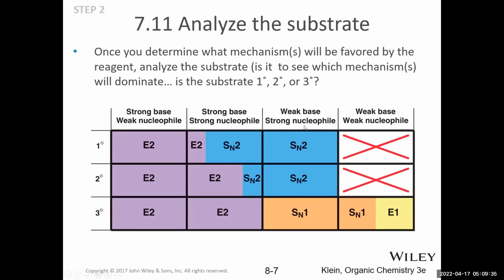What if the reagent functions as a nucleophile only? Then it's going to do some sort of substitution reaction. If it's a tertiary substrate, it can only undergo SN1 because, again, tertiary substrates do not undergo SN2 reactions. However, primary substrates undergo very fast SN2 reactions and do not undergo SN1 reactions. This category is a bit in debate still.